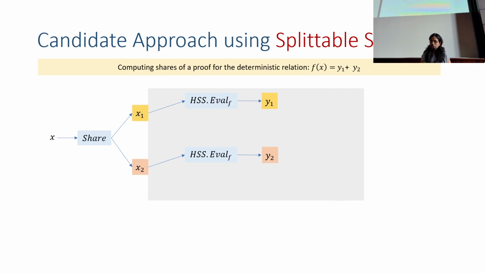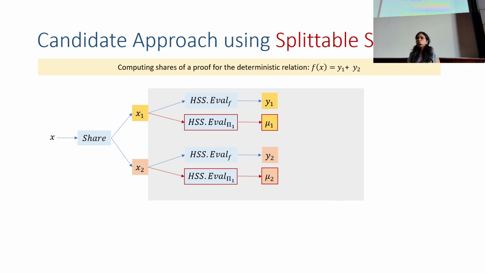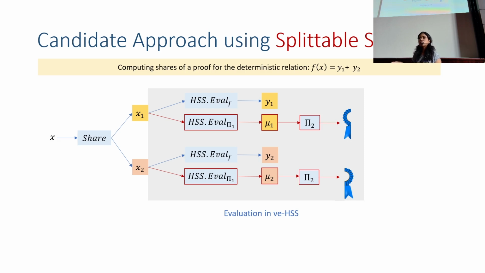For this, our candidate approach now is the following. So the client will start by secret sharing its input X. The servers, as before, will use HSS evaluation to compute the corresponding output shares. But now, in addition to these output shares, the servers are also going to use HSS evaluation to compute shares of the intermediate step, or the first step, of the SNARG proof. And given these shares, they can now locally compute the second step of the SNARG proof to compute shares of the final proof, or partial proofs.